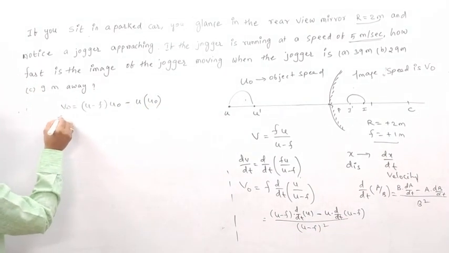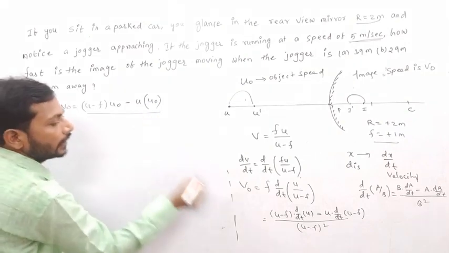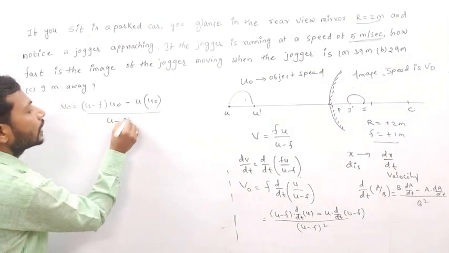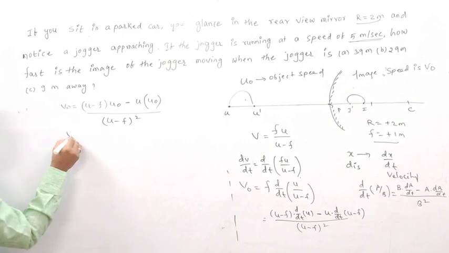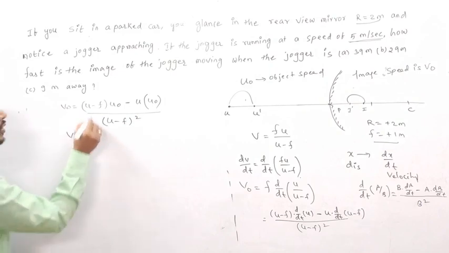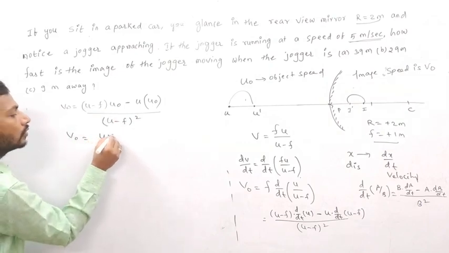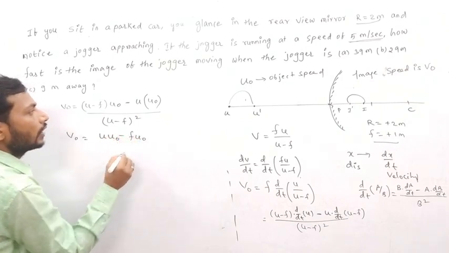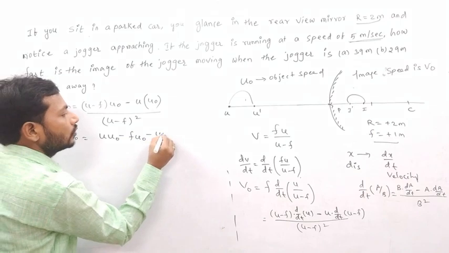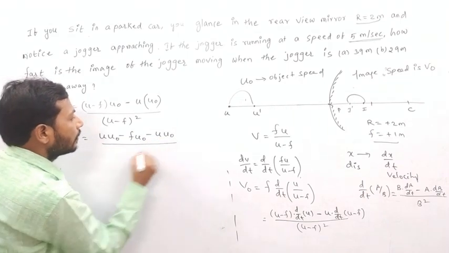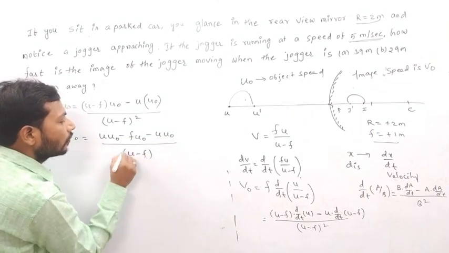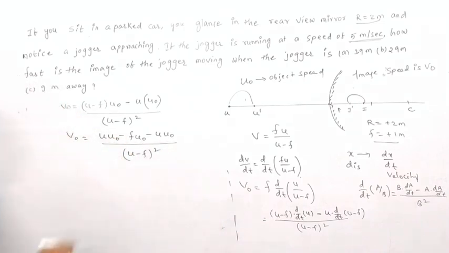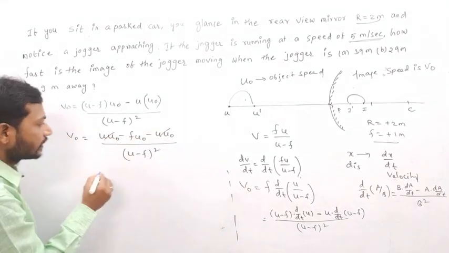Then if you divide by u minus f whole square, v naught equals to u u naught minus f u naught minus u u naught divided by u minus f whole square. Now u u naught gets cancelled, children.